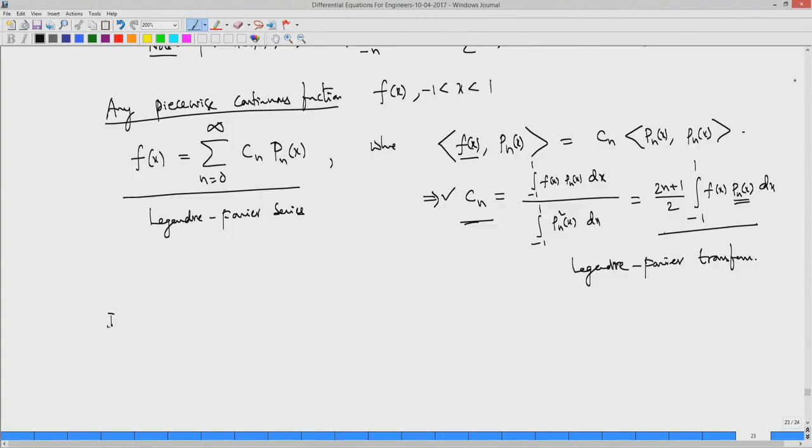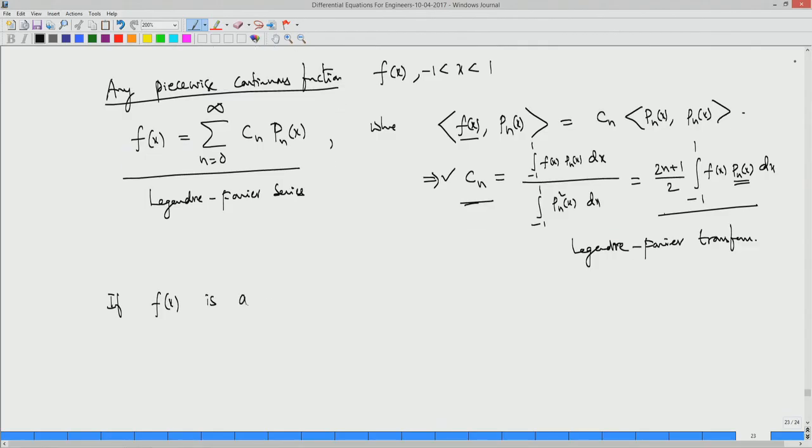But in all the three cases, that means the regular Sturm-Liouville system, the periodic Sturm-Liouville system, or the singular Sturm-Liouville system, if f(x) is a square integrable function, then I can still write this f(x) as this sum, n from 0 to infinity.